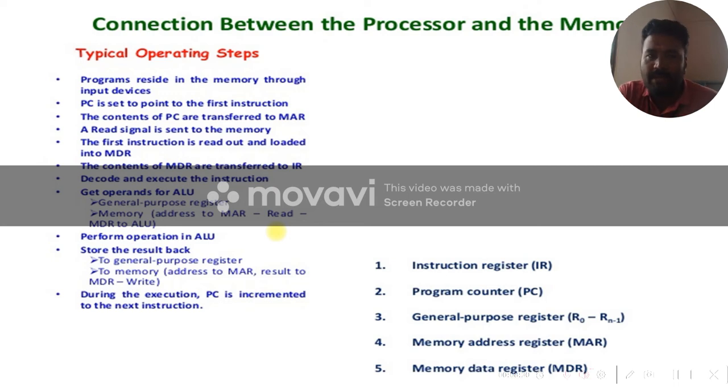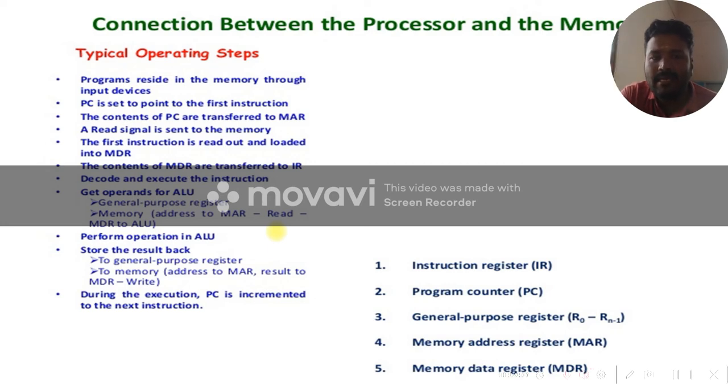For example, when the first instruction is being executed, it will be stored in the instruction register, IR. The next instruction to be executed will be saved in the program counter. The content of the program counter is then transferred to the memory address register.